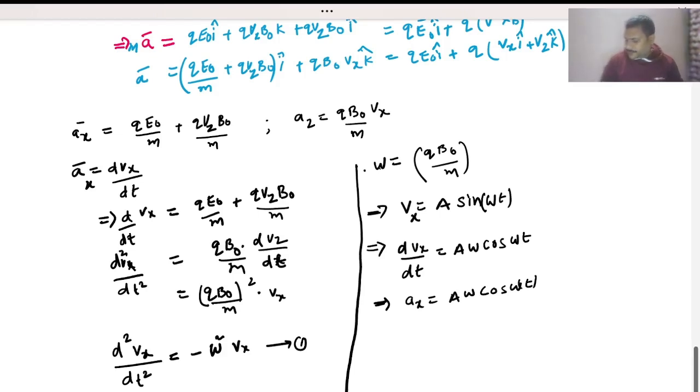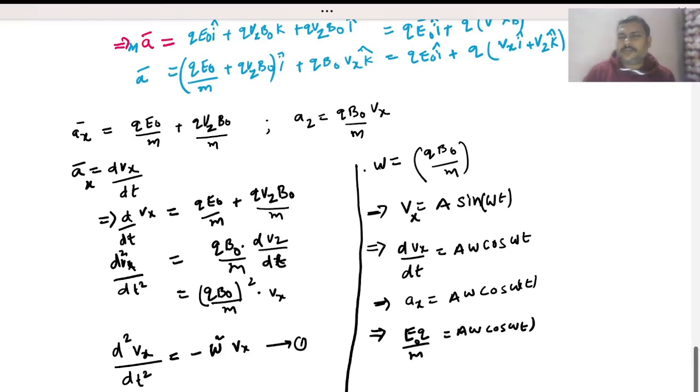Now, from ax, the next component is dVx/dt. Along the electric field direction, dVx/dt is equal to q E₀ by m, which equals A omega cos omega t.